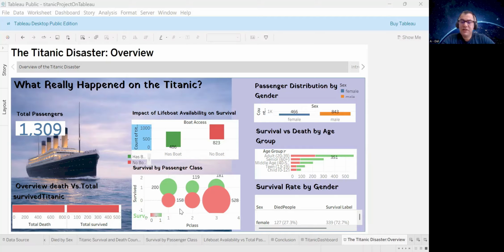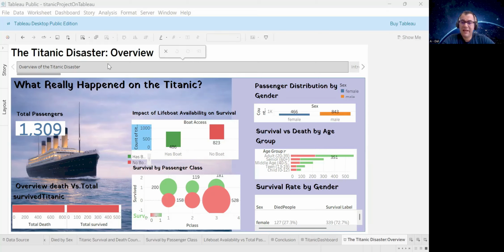Main variables used in the analysis, according to this dashboard and this story. In this project, I focus on several key variables that may influence survival. The most important variables were survival status, whether the passenger survived or not. Also gender, male and female passengers.